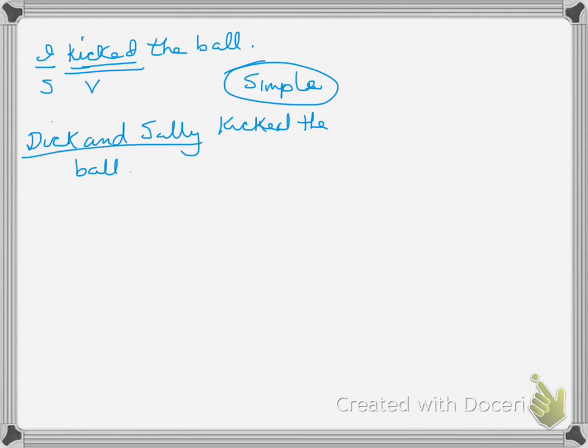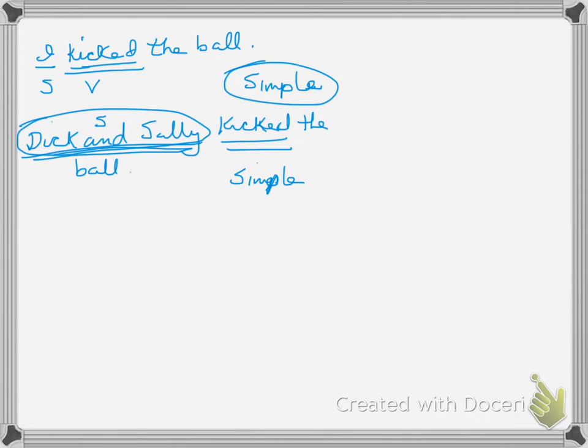Here's my subject, here's my verb, and notice I have what we would call a compound subject, but all together this stands as one subject, one group of people doing the action, one action. And so that is also simple. It is a simple sentence with a compound noun, or compound subject, right here.